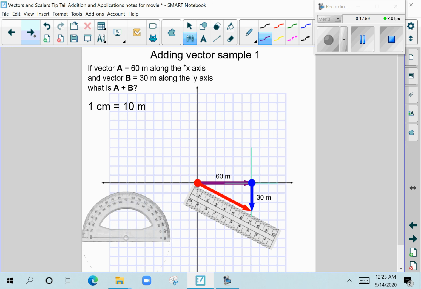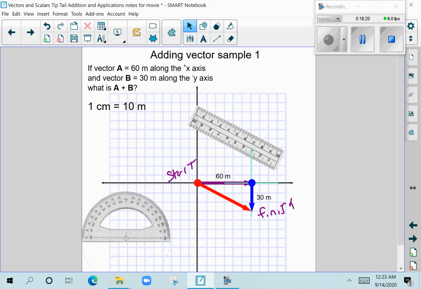So I draw out from start to finish. So again, here's the very start of my problem. Here's the very finish of the last vector. And I can measure this out and see that it's about 6.5-ish centimeters. And I can use my protractor to measure the angle.